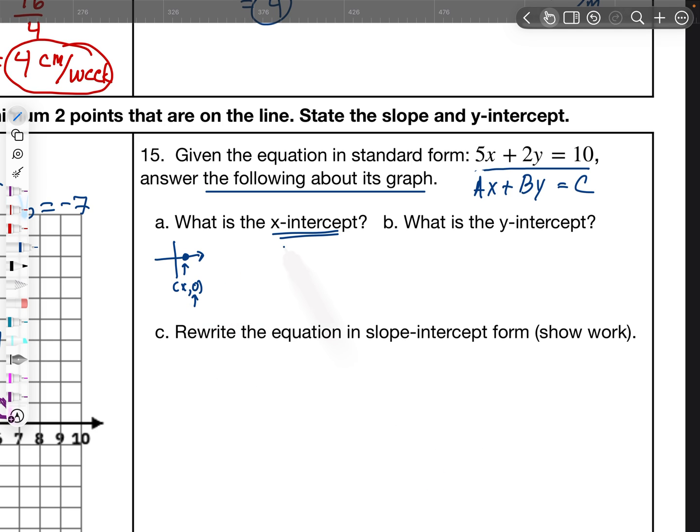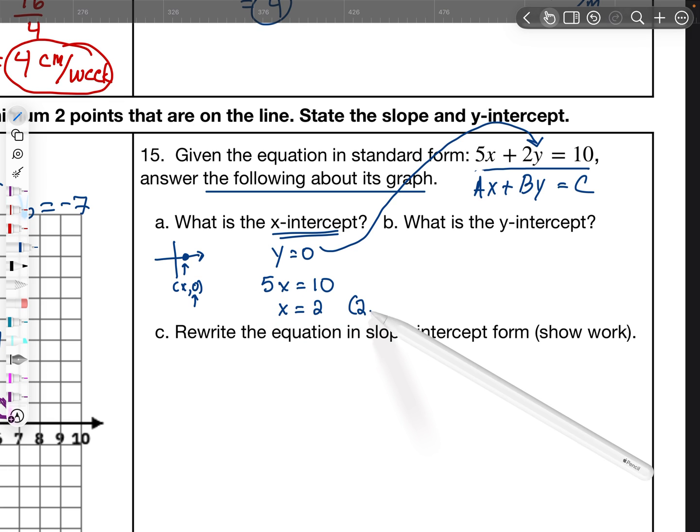And so that's what we do. We let y equal 0. We plug it into the equation, and the 2 times y just comes out to 0. So your equation simplifies to this. You divide by 5, and you just found out when x is 2, y is 0, your x-intercept, where you cross the x-axis.